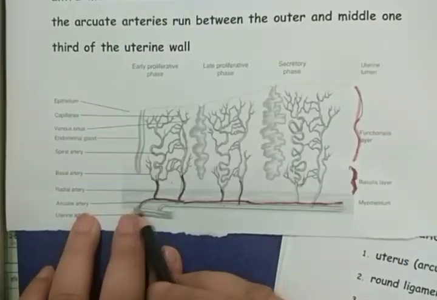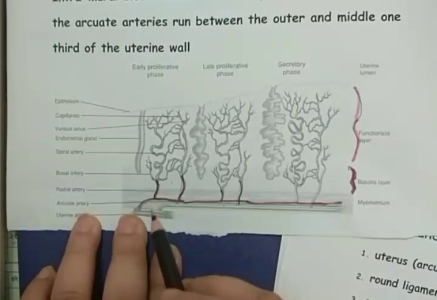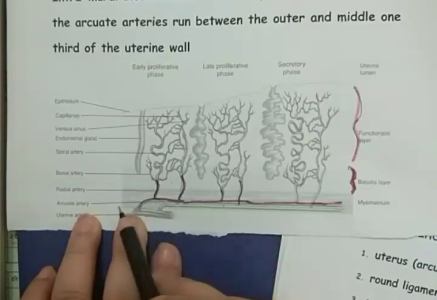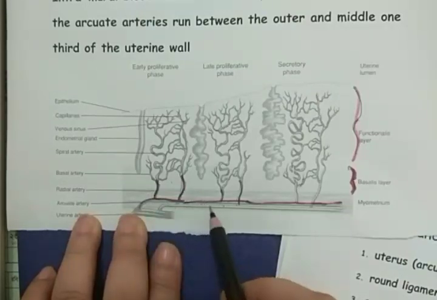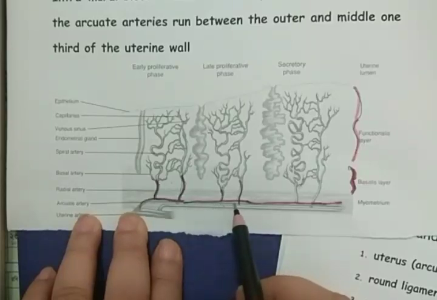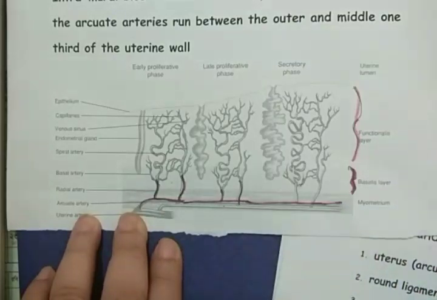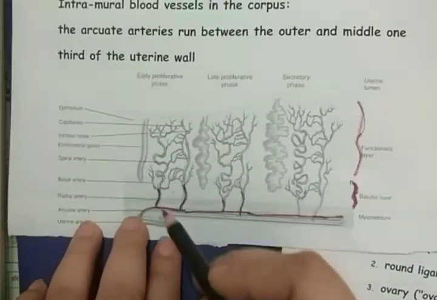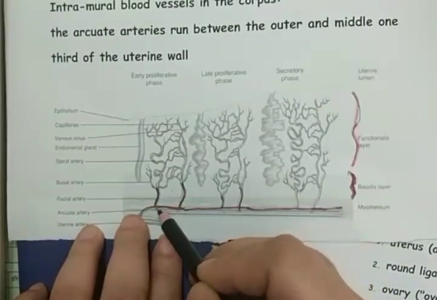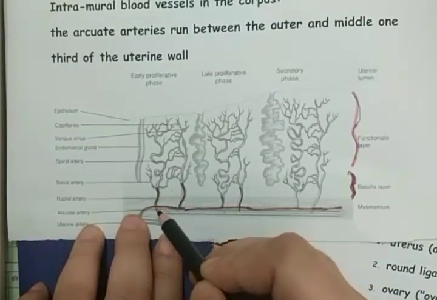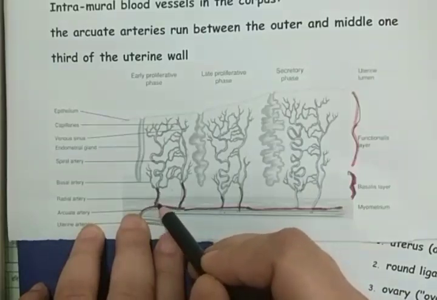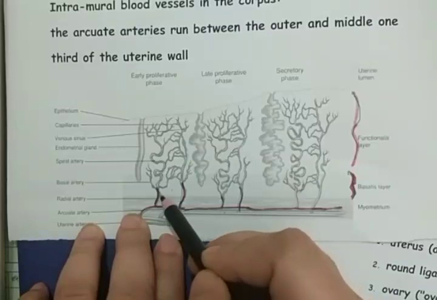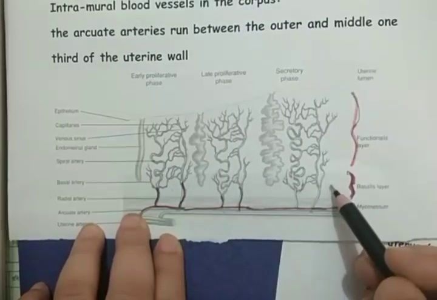The location of the arcuate artery. This is the myometrium. The arcuate artery is located between the outer 1/3 and middle 1/3 of the myometrium. From the arcuate artery, the radial branches arise, and they cross the inner 1/3 of the myometrium and enter the basal layer of the endometrium.